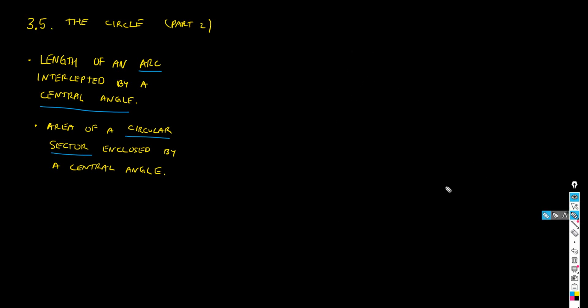So let's do this thing. First, what is the length of an arc intercepted by a central angle? So for example, the question is this, guys. I'm gonna draw a central angle. This is the radius of the circle. This is also the radius of the circle. And this is my central angle, which I'm gonna call theta.